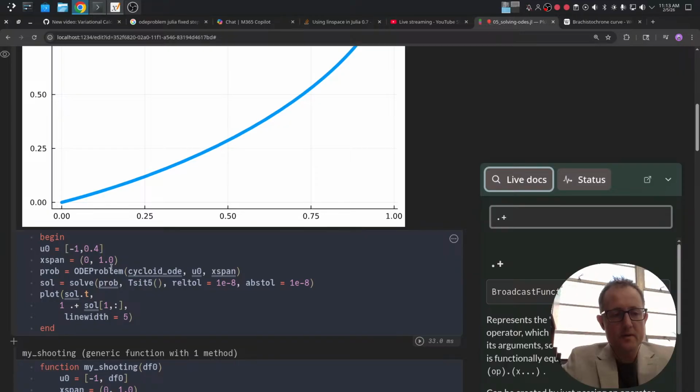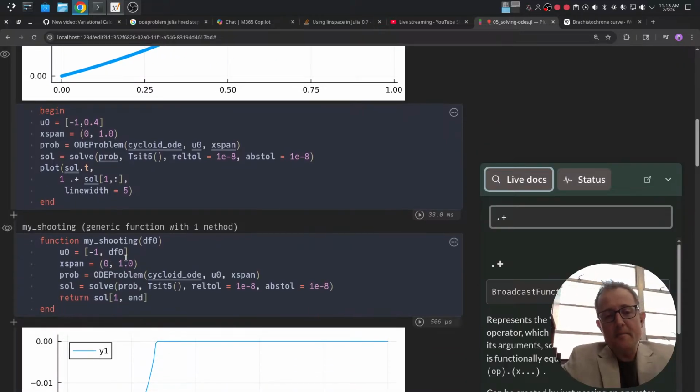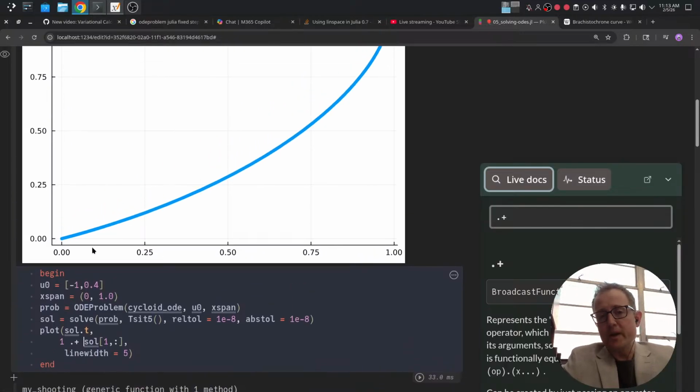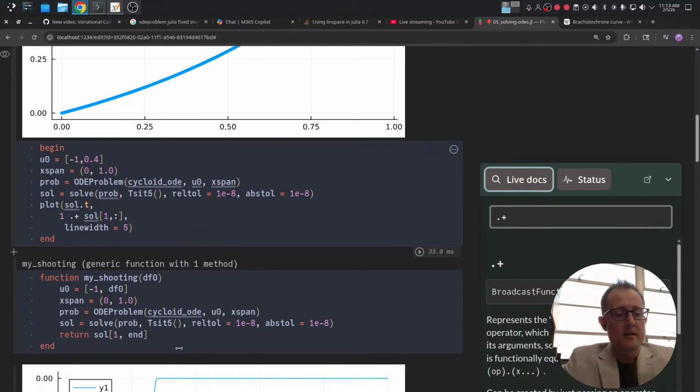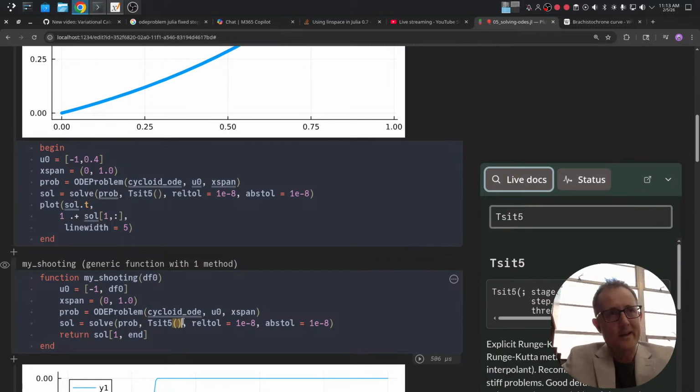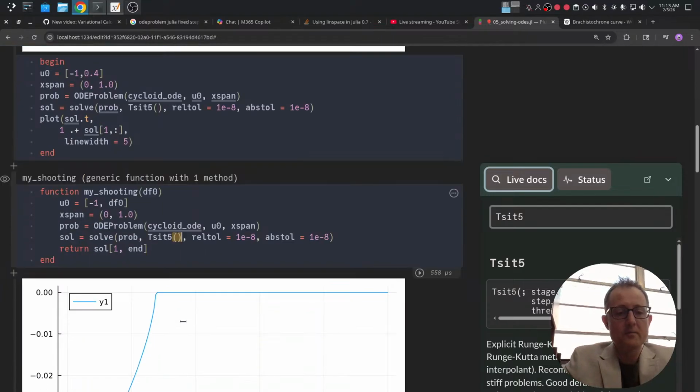Okay, so that's how I started. And then my thought was, oh, I have a shooting method problem where I'm trying to specify, hey, I want it to be this given value at the end for this initial slope. But this is a nonlinear kind of problem. It's been solved many times, but it's nonlinear.